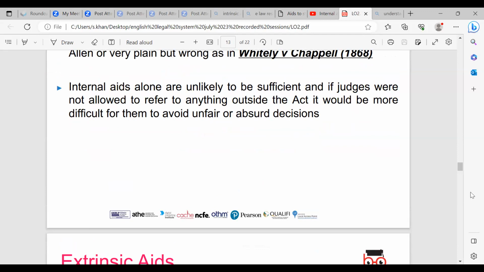The Interpretation Act 1978, Section 6 also states that unless the contrary intention appears, words importing the masculine gender also include the feminine, and words importing the feminine gender also include the masculine. So in addition, words in the singular also include the plural, and words in the plural include the singular.